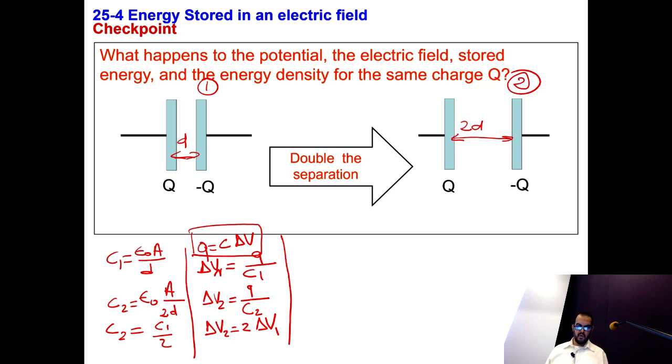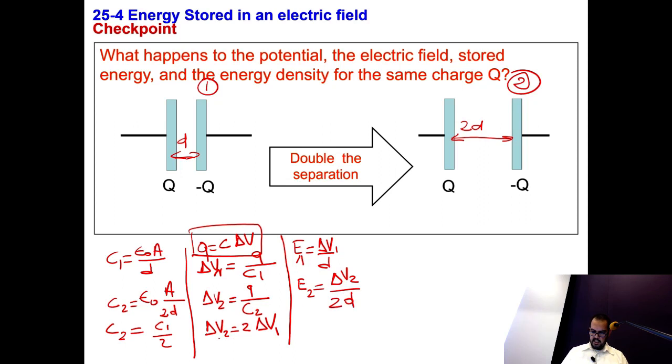Third step. What is the electric field? The electric field is just equal to the potential difference divided by the distance. Let's drop the minus sign. So E1 is delta V1 divided by D. E2 is going to be delta V2 divided by the distance, which is now 2D.